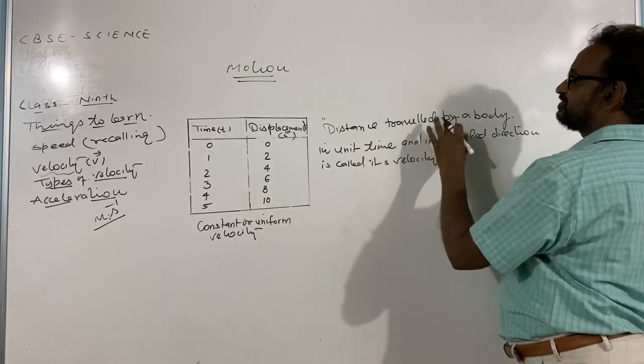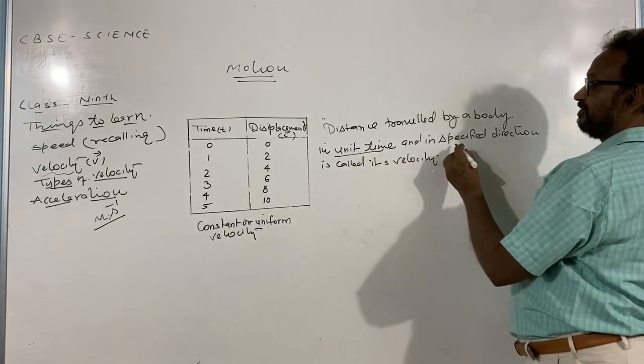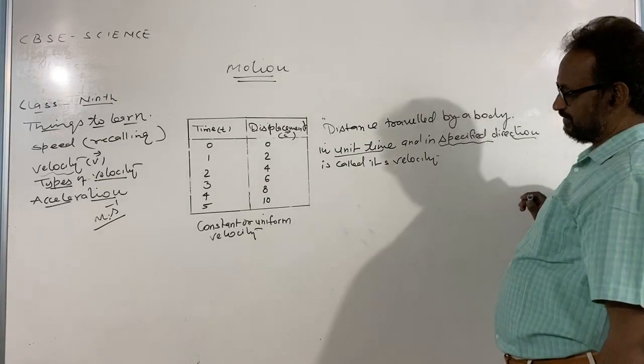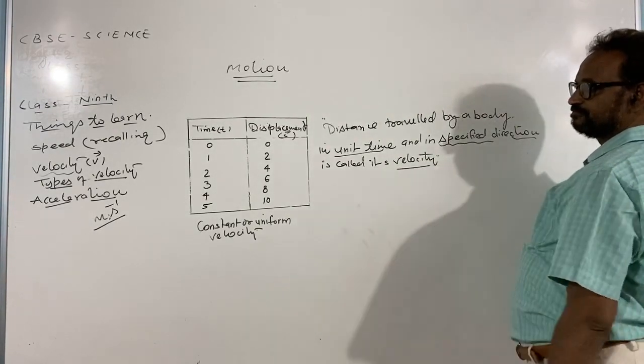Distance traveled by the body in unit time along with the direction, specified direction, is called its velocity.